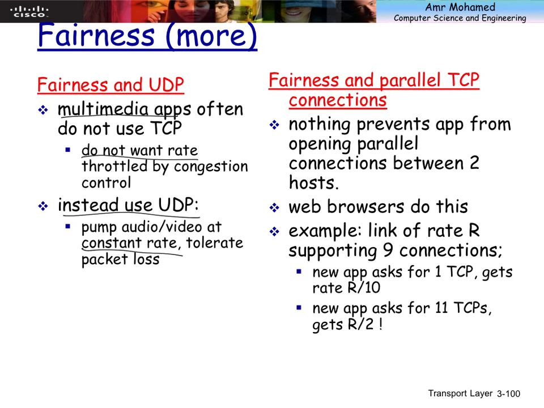And of course, multimedia requires a little bit of variable bit rate. So this variability in bit rate can be accommodated, because for video and stuff, you require variable bit rate.